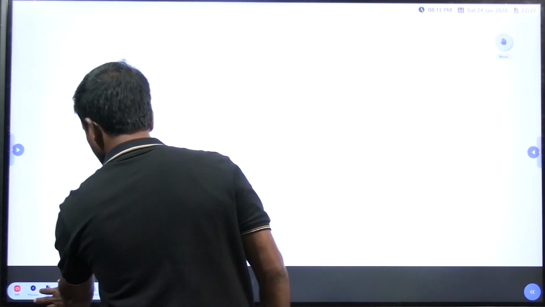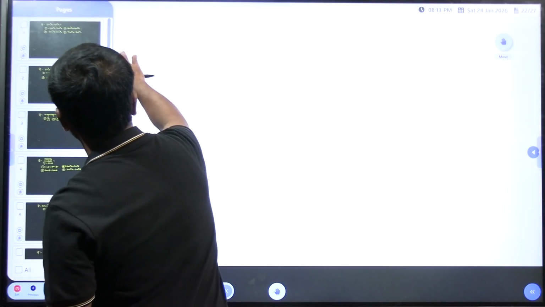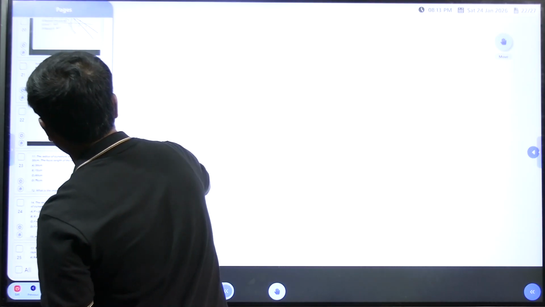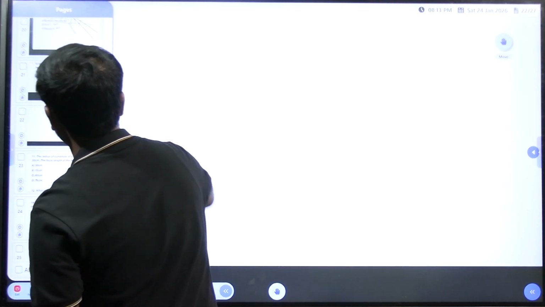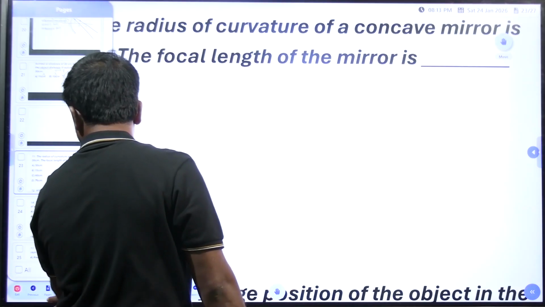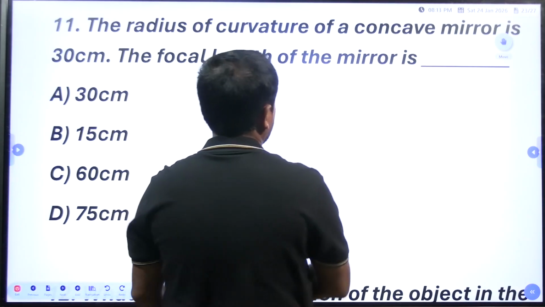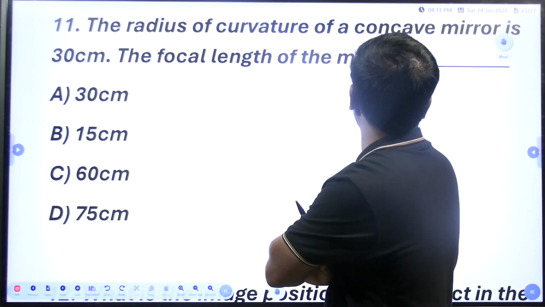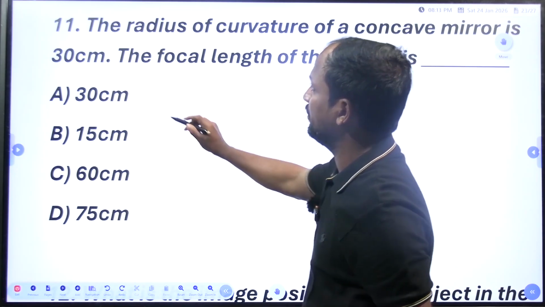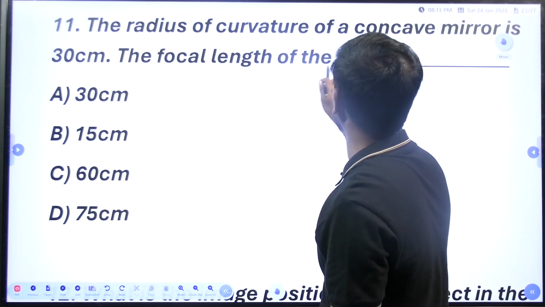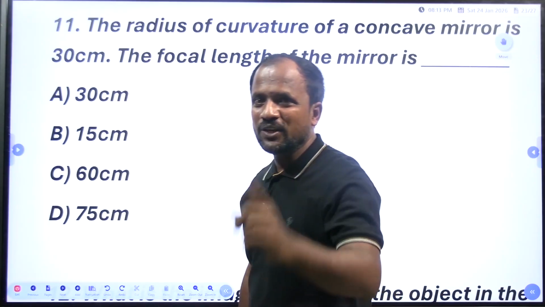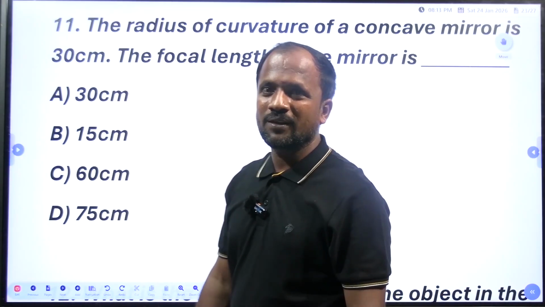Next question we'll see. The radius of curvature of a concave mirror is 30 centimeters. Then the focal length of the mirror is? You have to use the formula.